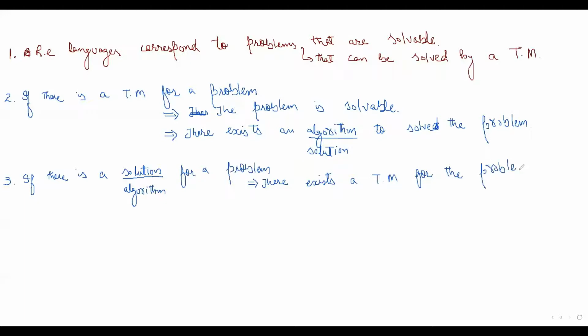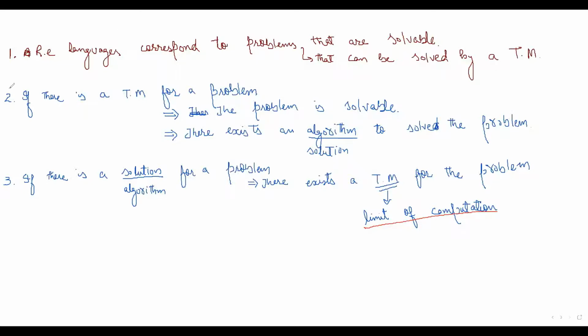So Turing machine is a limit of computation. So what does that mean, limit of computation? It means that we cannot solve a problem if there is no Turing machine for that problem.